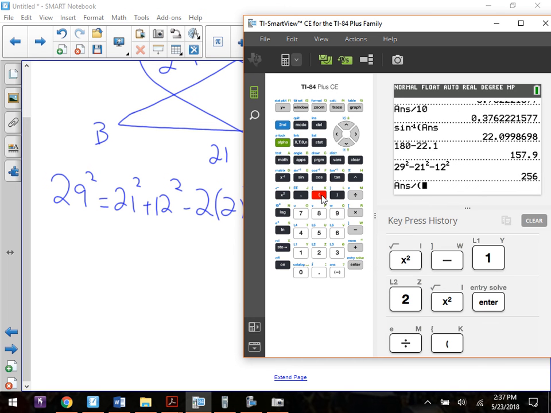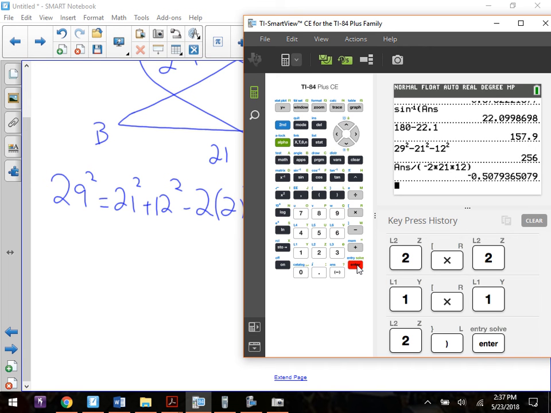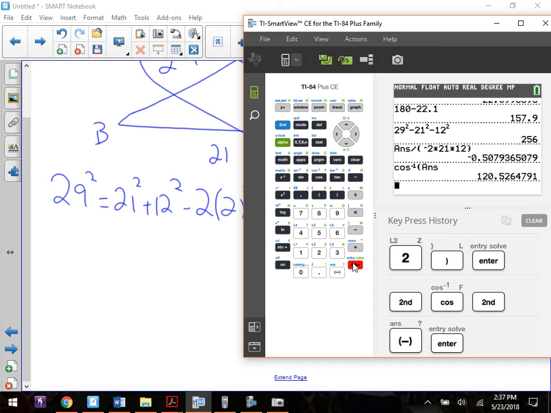Divide all of that by parentheses negative 2 times 21 times 12, hit enter. That equals a cosine. Second cosine of my answer. In radians. Yep.